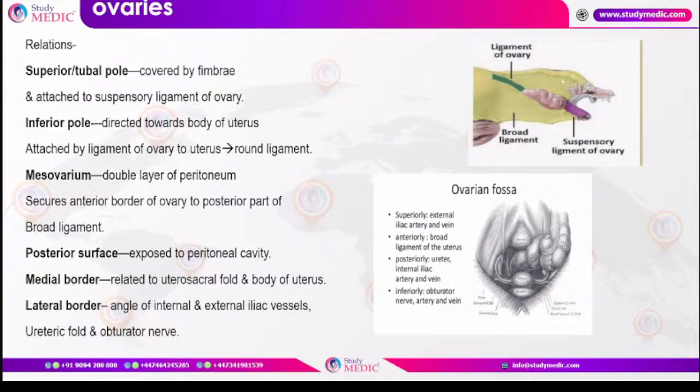You have to remember all these structures because commonly they would give you 4 or 5 options, and they would ask which of these is not related to the ovarian fossa. They can give you the uterine artery, or the external iliac or the internal iliac, and you have to find out which of them is or is not related to the ovarian fossa.